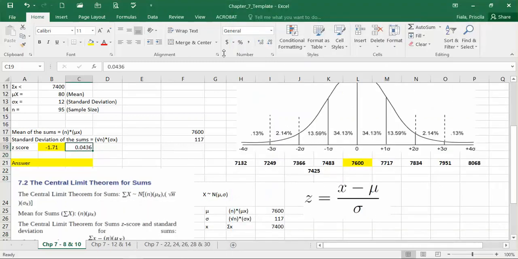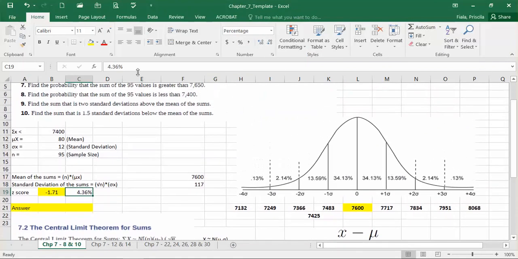That's correct. What does that mean? It means that the probability that the sum of the 95 values is less than 7,400 is 4.36%.